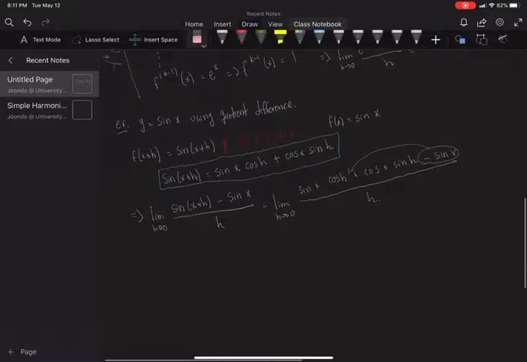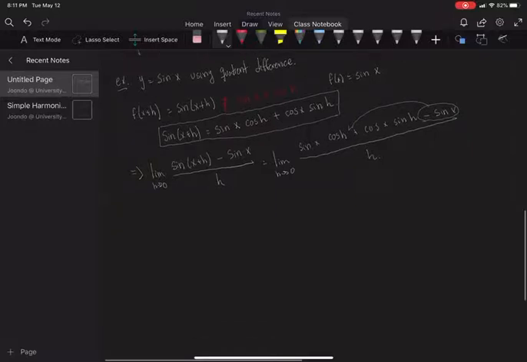So what happens is the limit as h tends to 0 of sine x cosine of h minus sine x, plus cos x sine h, all over h.